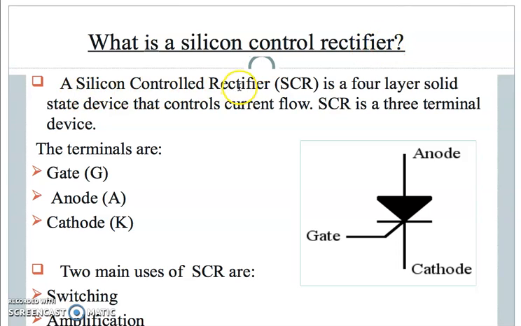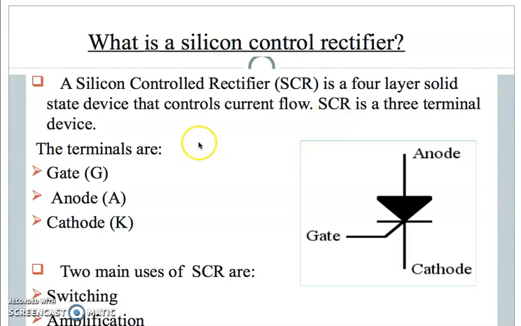A silicon controlled rectifier is a 4-layer solid state device. Solid state device means it is a semiconductor device. So it has 4 layers, 3 junctions and 3 terminals. Students, please remember, SCR is a 4-layer, 3 junction and 3 terminal device.